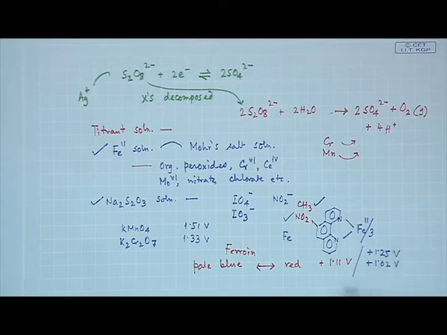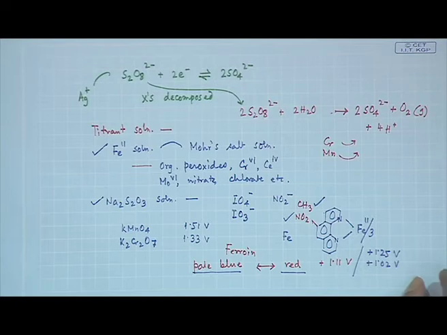So, within this whole range of 1.02 volt to 1.25 volt, you can use this particular one for the corresponding redox titrations, where we can use this as the good redox indicator, because it can change its color from pale blue to red.